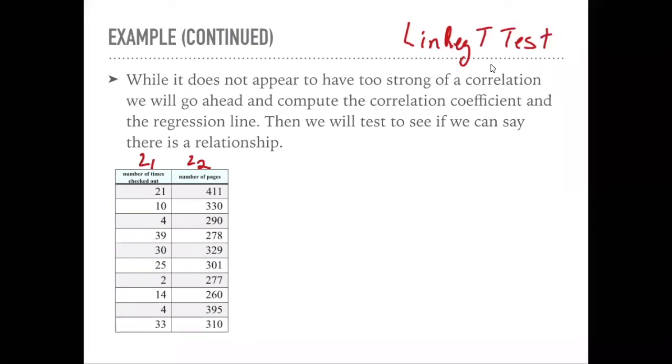With the LinRegTTest, it just wants to know where your x list is, where your y list is. So list 1, list 2. Frequency, leave that at 1, and then the symbol. So you'd need to enter your symbol. For these tests, we're always going to have not equals as our symbol.